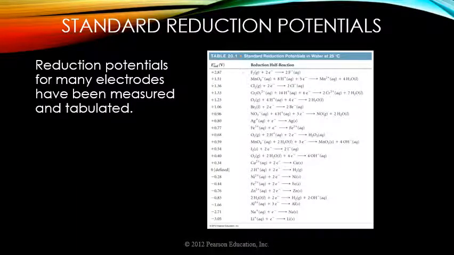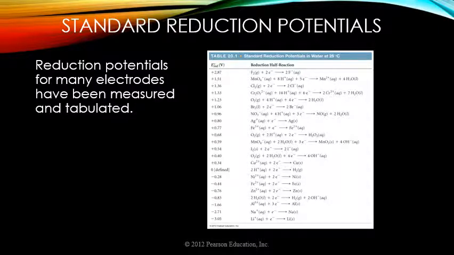So when we combine these normal elements along with some of our different polyatomic ions that could undergo the reactions, or some of our nonmetals, we get a list of standard reduction potentials in water for a number of different half reactions that take place. The more positive the value is, the more likely that substance is to undergo reduction.